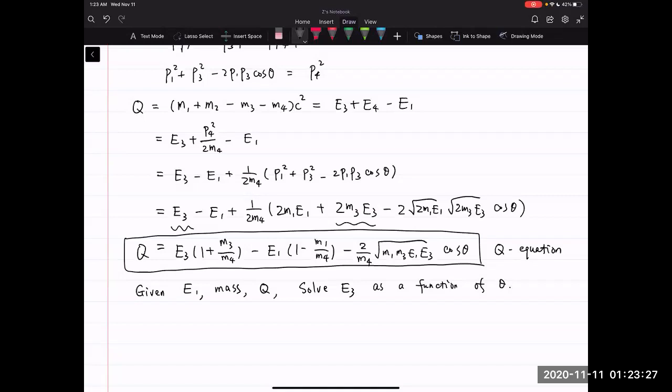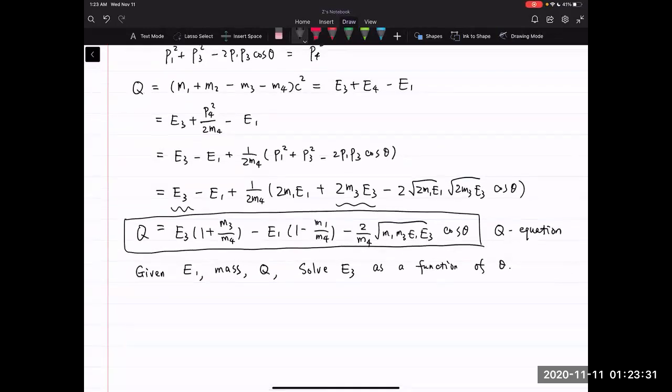Okay, so the variable is E3. If you look at the above equation, this equation indeed is a quadratic equation of square root of E3. The first term will be the square root of E3 squared. The second term is just a constant, there's no E3. And the third term is proportional to the square root of E3.